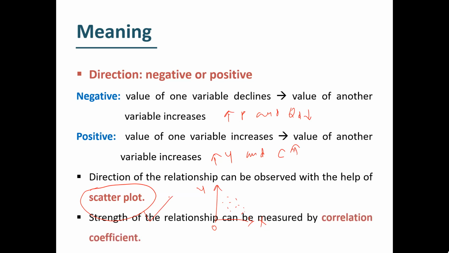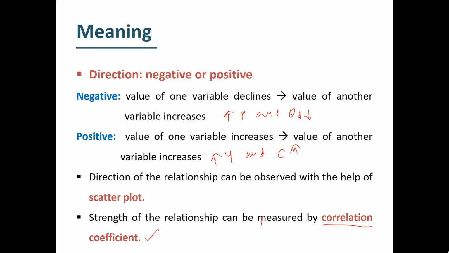But the strength of the association cannot be found with the help of a scatter plot, and therefore we need the correlation coefficient. With the scatter plot, we might identify that yes, price and quantity demanded are inversely related, negatively related.